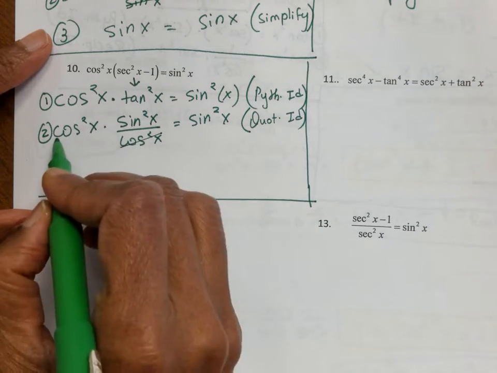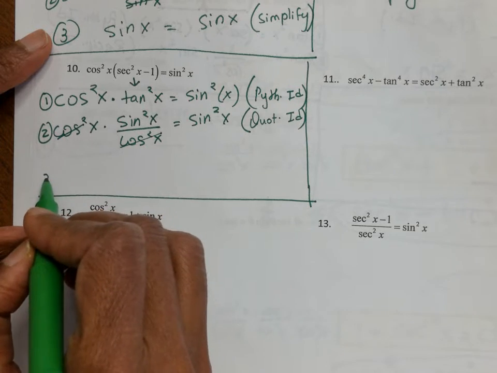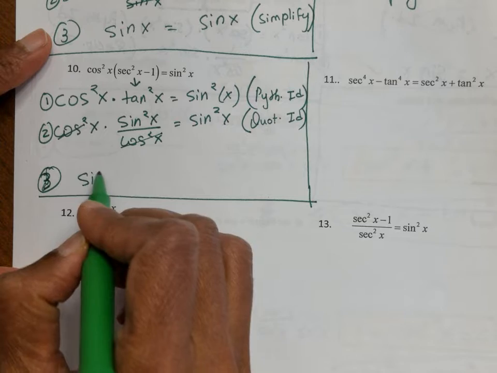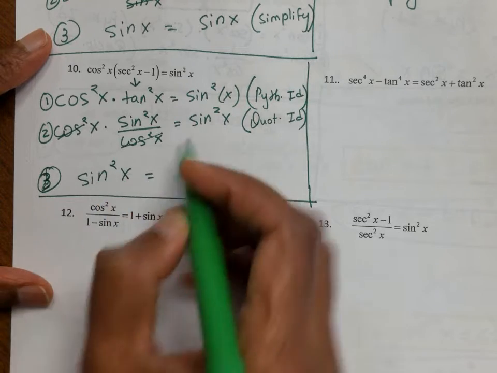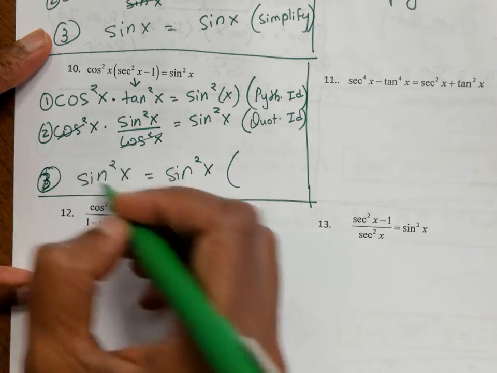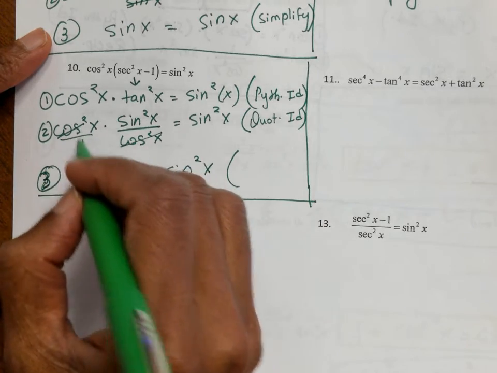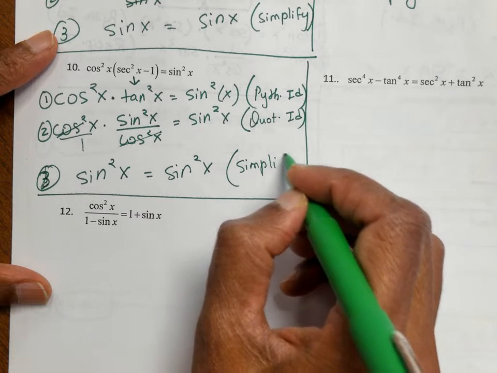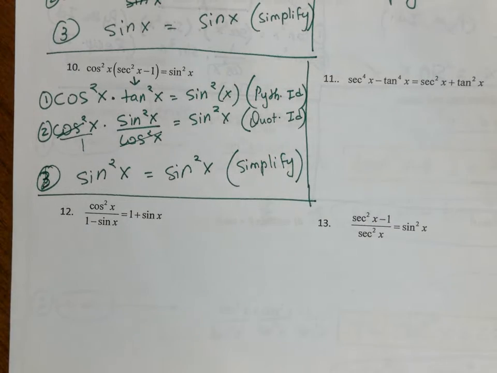And the cosine square gets cancelled, and in step 3 I get my final answer: sine square x equals sine square x. From step 2 to step 3, all I did was simplify, because I could cross out the cosine square, and I got my final answer.